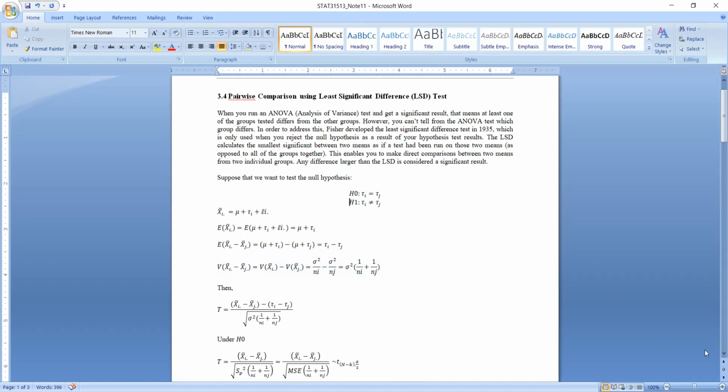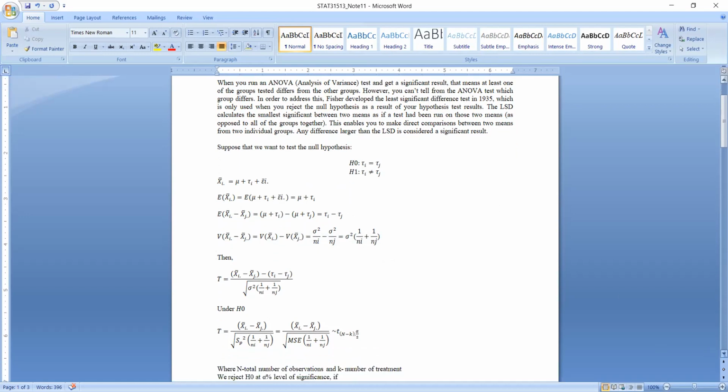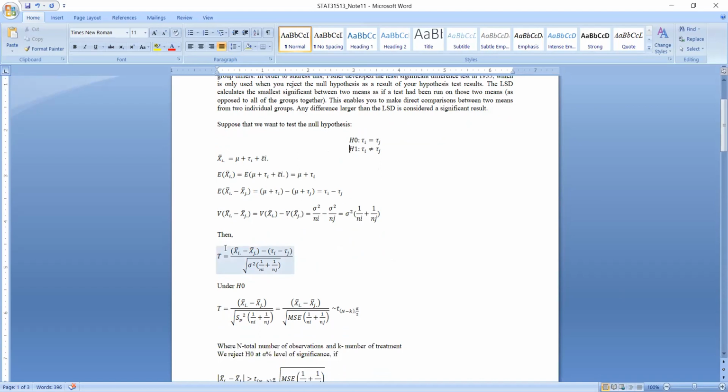If you take the test statistic as the difference between these two treatment means, we can convert that into a T distribution by subtracting the mean and dividing by the standard deviation.